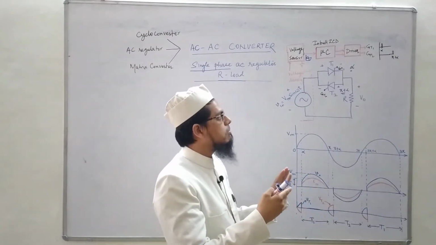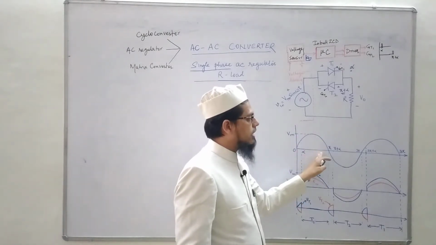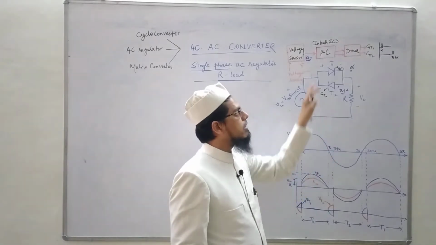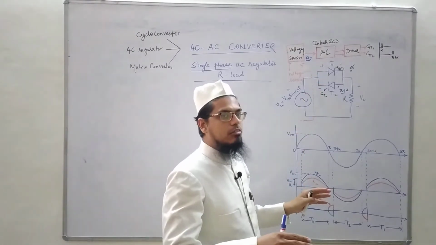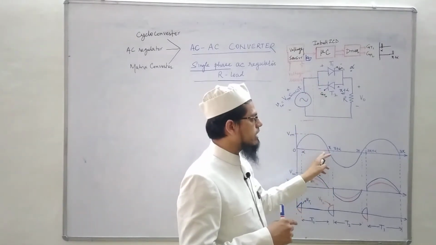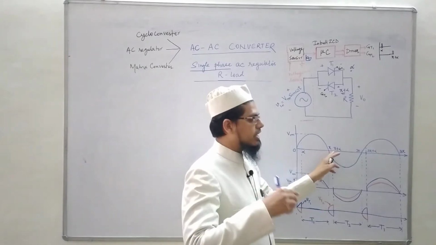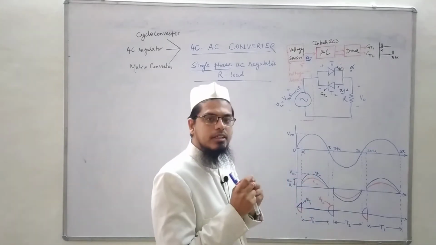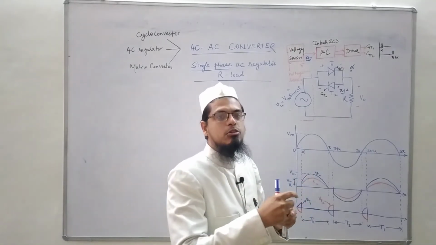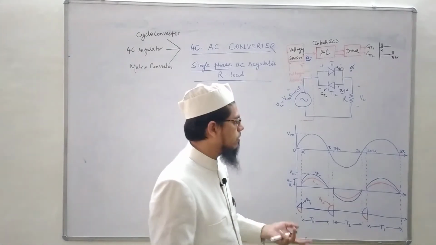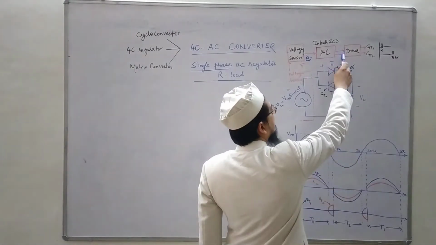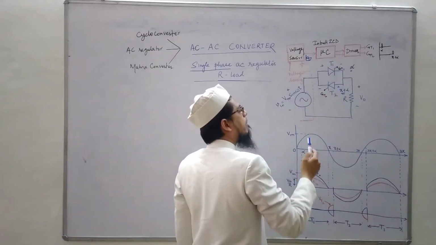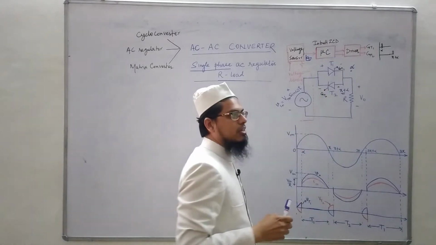So we need to keep a sense of when the input voltage is crossing zero, and from that point in the microcontroller we set a timer which, after sensing the zero crossing, generates a pulse after a predefined time, and that is equivalent to the firing angle alpha. That pulse cannot be given directly to the two thyristors, because the magnitude of those signals is quite low.